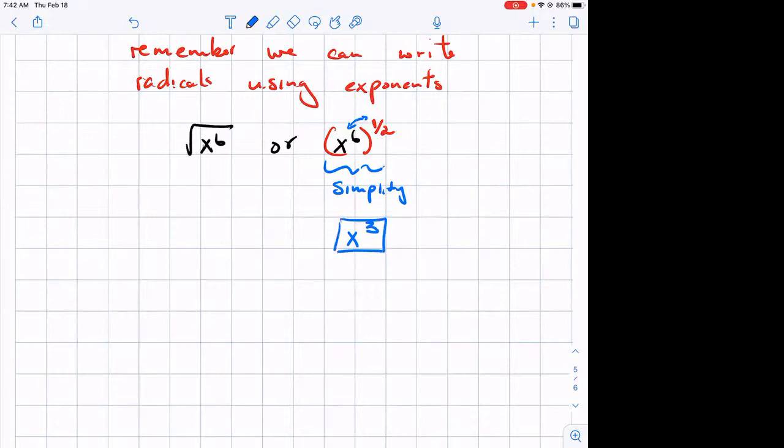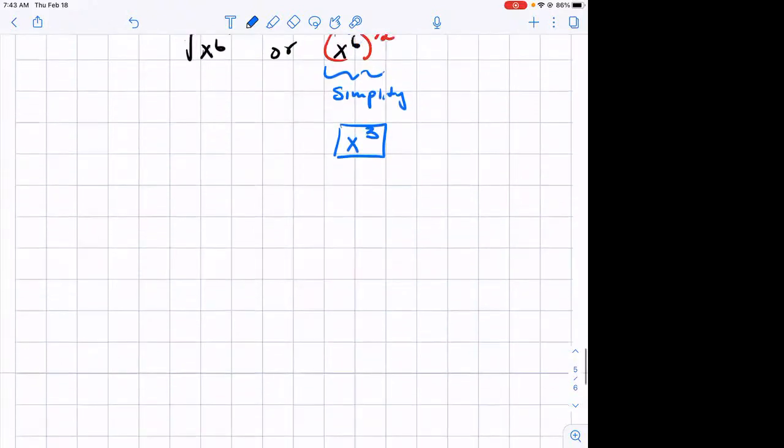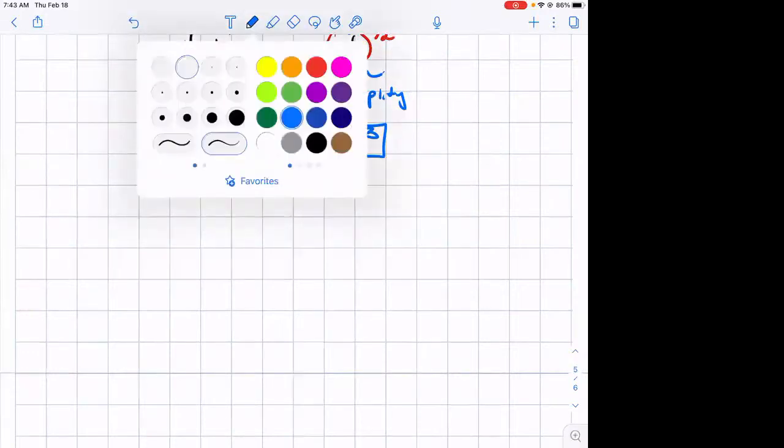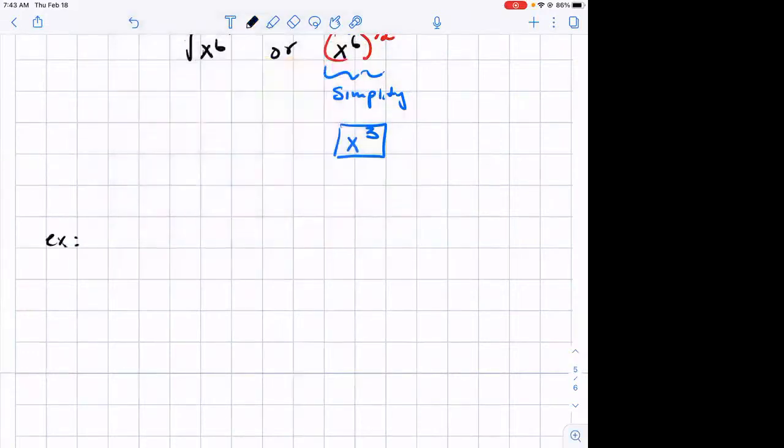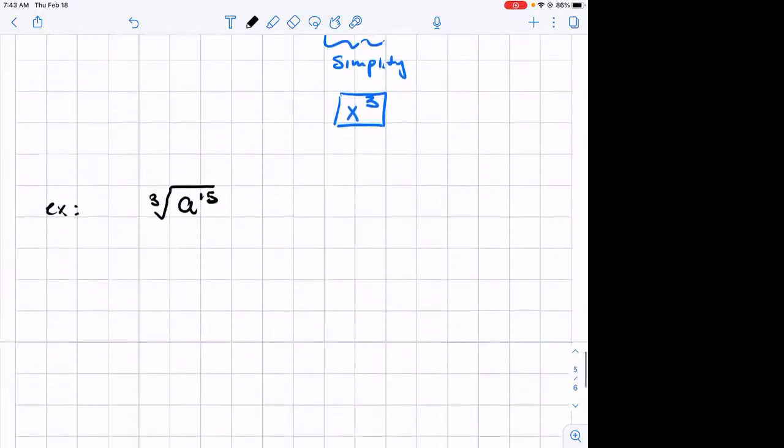Basically what you're doing is dividing the radicand exponent by the index. If we try this for a cube root, another example, what is the cube root of a to the 15th? Well, we can write this as a to the 15th raised to the power of 1/3.